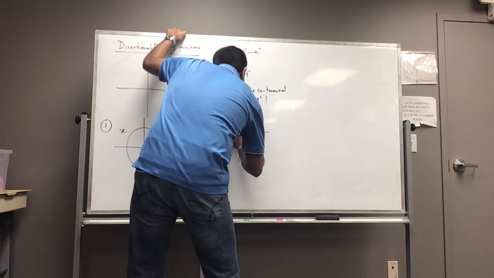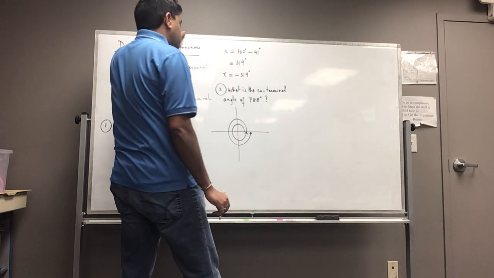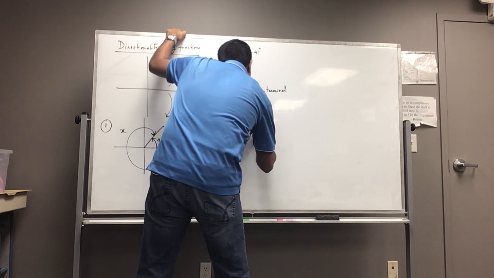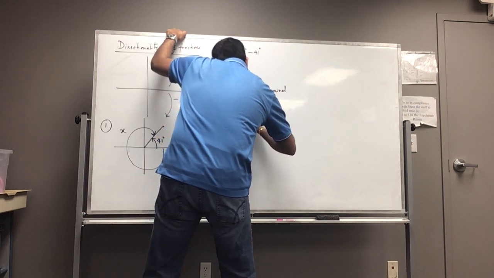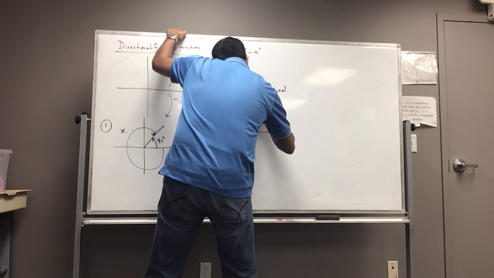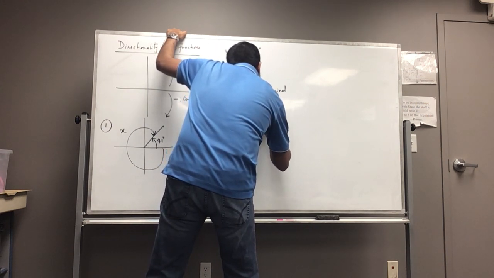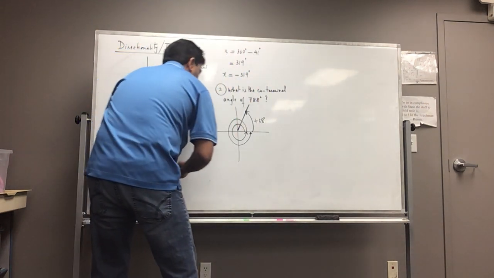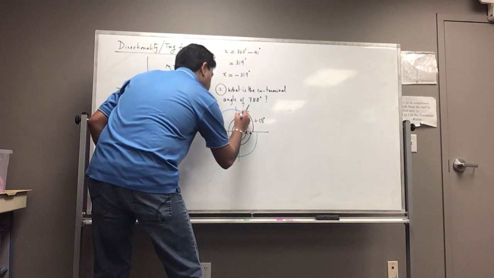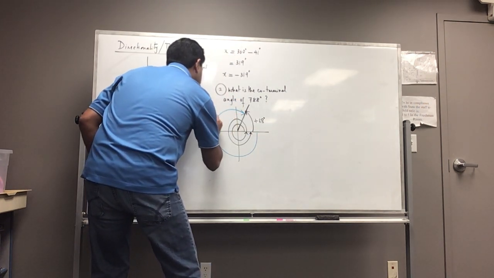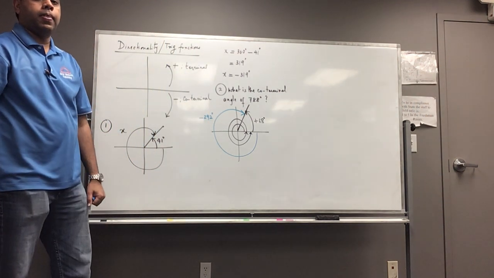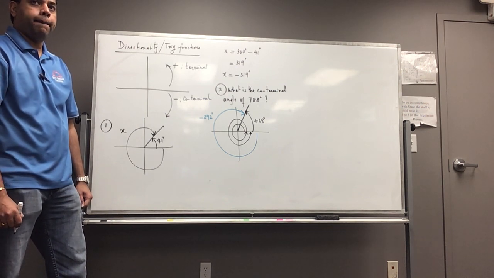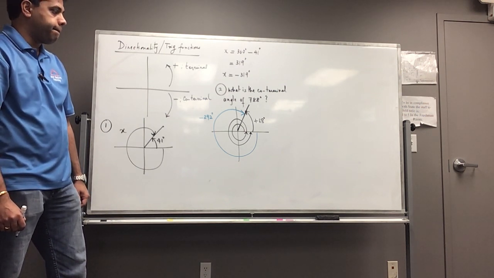So another round, 720. So I'm left with 68. So this is my plus 68 degrees, adding up to 788. So the coterminal angle is minus 292 degrees. Yes or no?